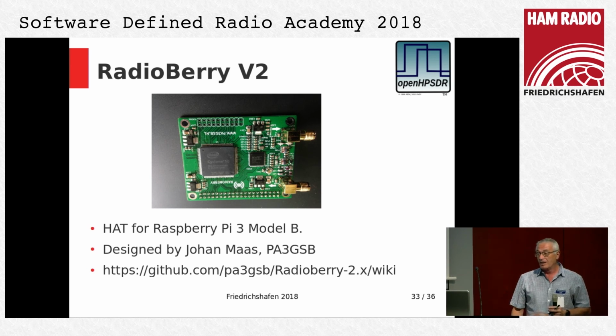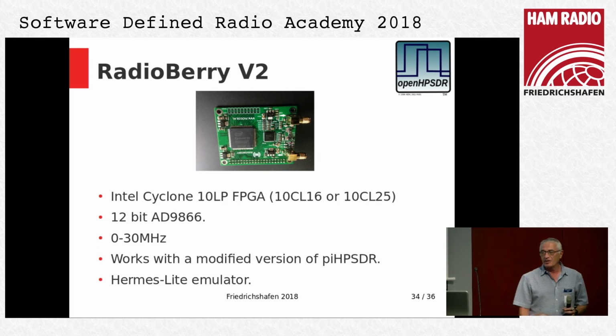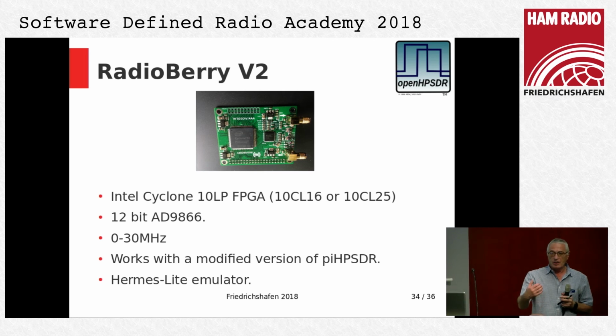And it's just a great little card. I mean, it's an Intel FPGA, 12-bit ADC, 0 to 30 megahertz. Works with a modified version of piHPSDR, and it also has a HERMES-like emulator as well. So you can just run the little thing standalone, if you like, and have an emulator running and connect to it from PowerSDR or whatever you want to.